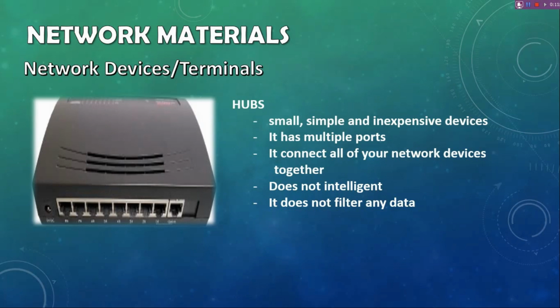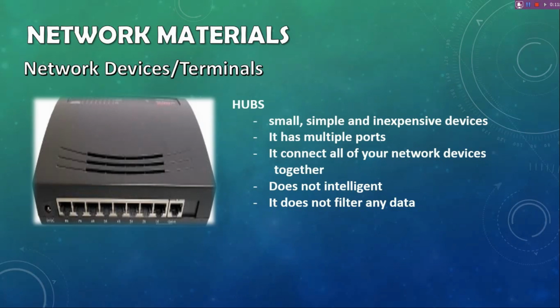A hub is considered not to be intelligent because it does not filter any data. The only thing that a hub knows is when a device is connected to one of its ports. So when a data packet arrives at one of its ports, it is copied to all of the other ports. So all the devices on the hub see that data copied.